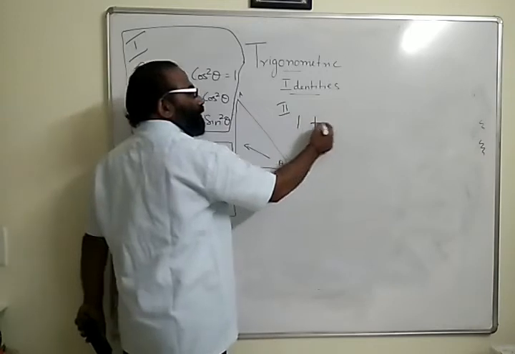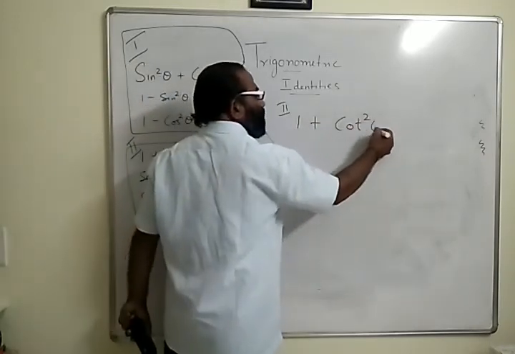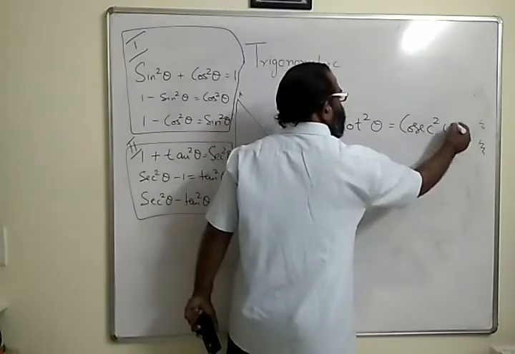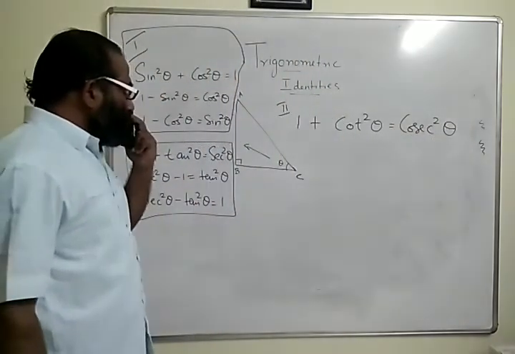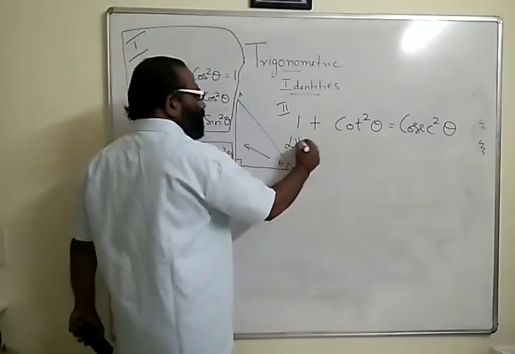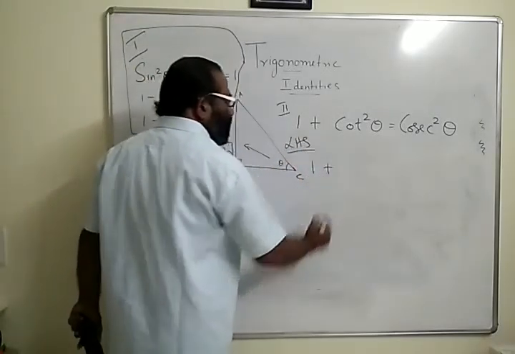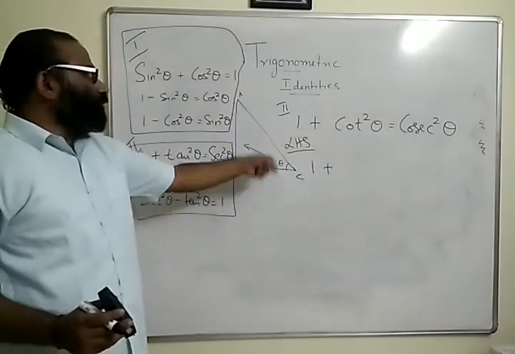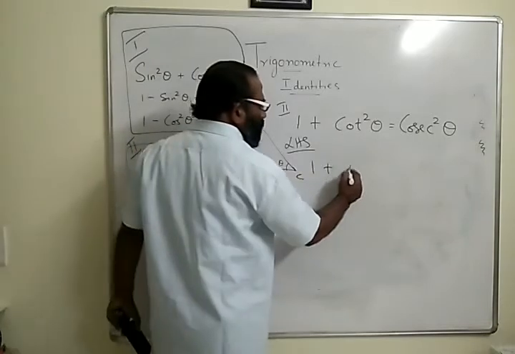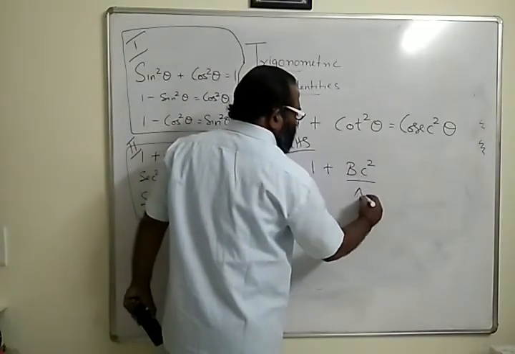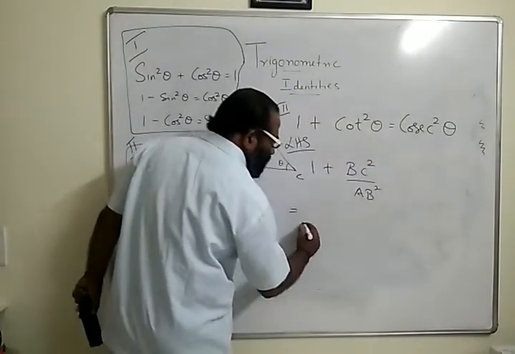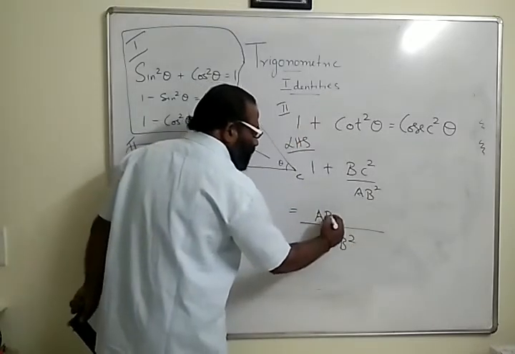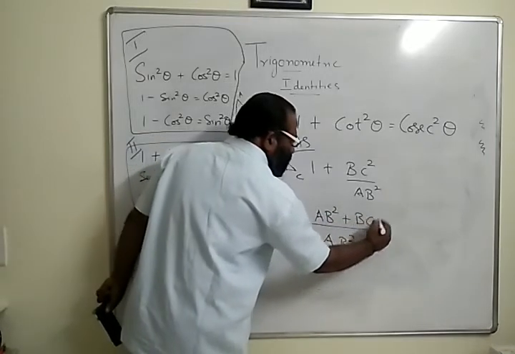1 plus cot squared theta equals cosecant square theta. Now let's take the left hand side and try to prove this. This is 1 plus, what is cot theta? Adjacent by opposite. So BC square by AB square. Now let's take the LCM, AB square, and I get AB square plus BC square.